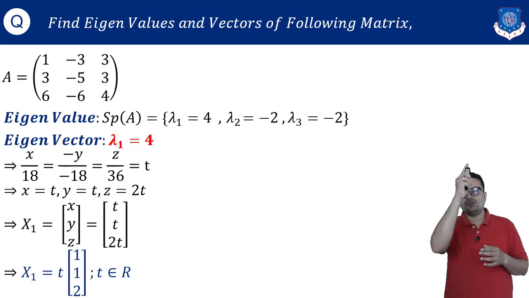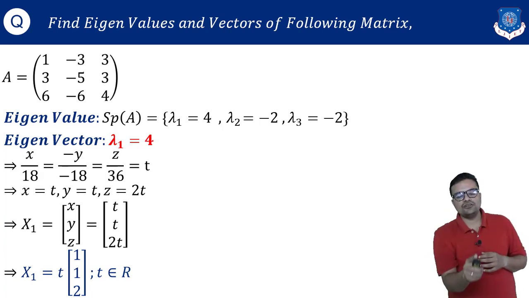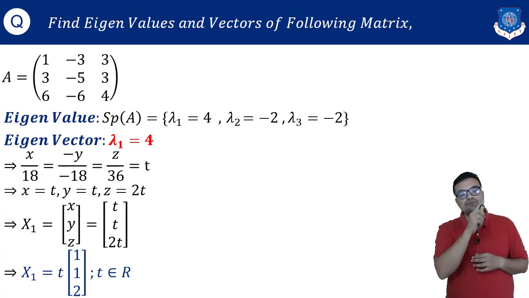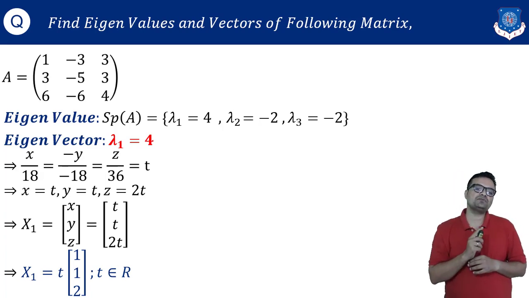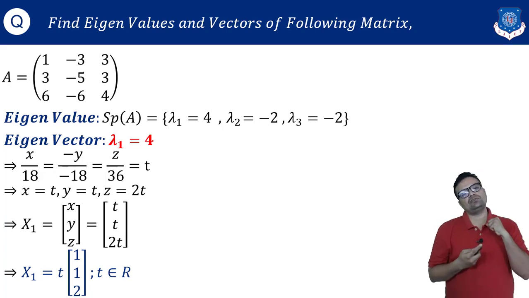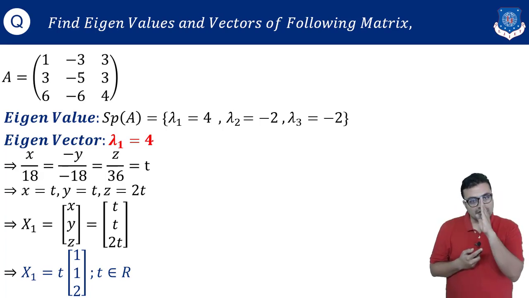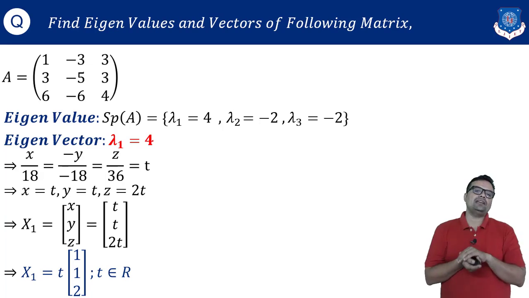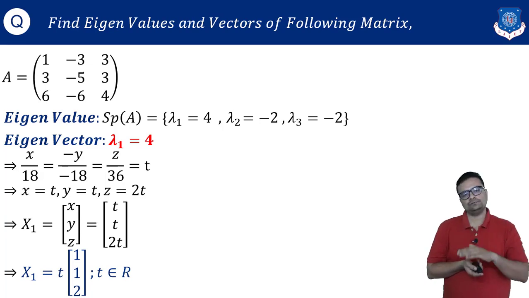And then writing all values of x, y, z in column form, it gives me my first eigenvector x1 as t, t and 2t. Taking the t outside, which is nothing but a scaling factor, it gives me the direction of the eigenvector, which is 1, 1, 2.